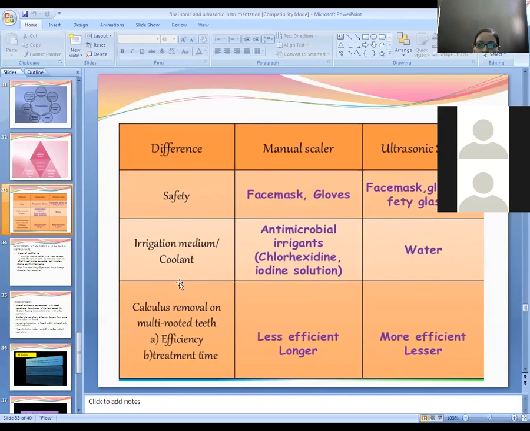In calculus removal on a multilayered deposit, it is more efficient and requires less time for the treatment. While in manual or hand scaling, you have to use a face mask, gloves, antimicrobial irrigants like chlorhexidine solution, and there is less efficiency, and it requires a longer time.